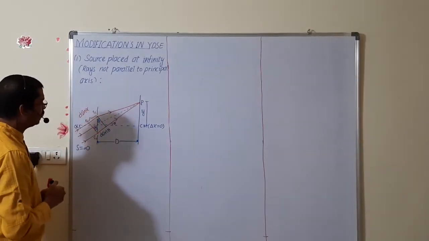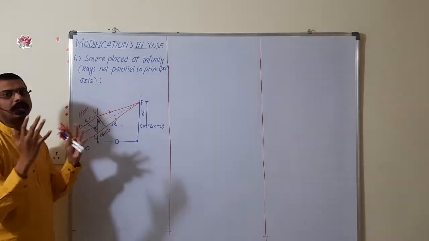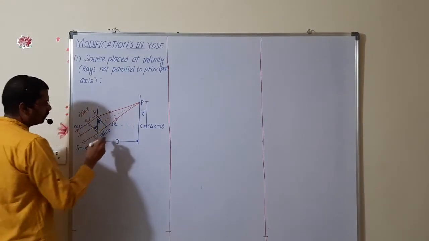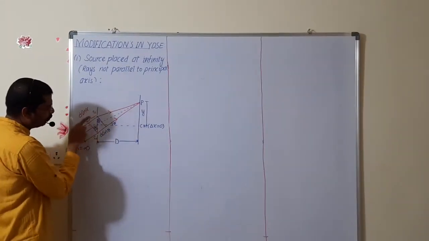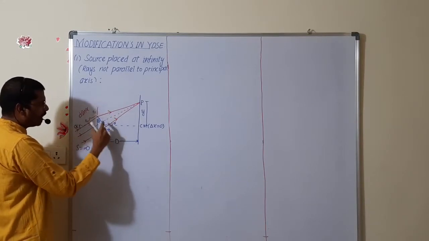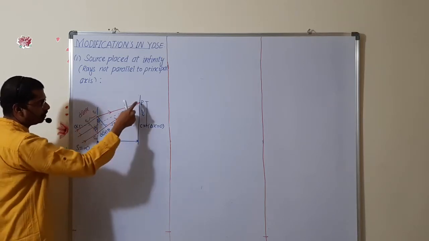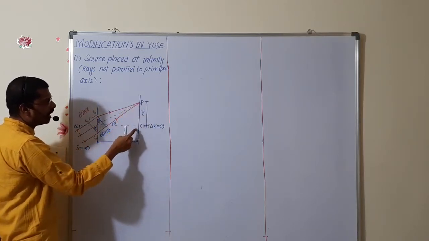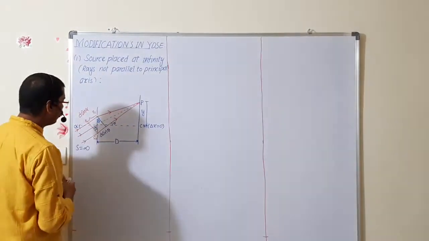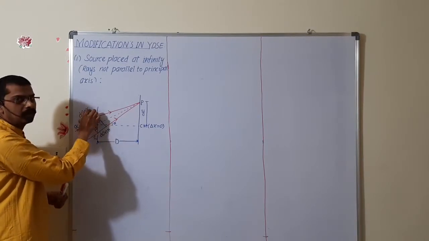Now I want to calculate the path difference when the source is at infinite distance. In this diagram, S1 and S2 are separated by distance d. For the condition at point P, d sin theta equals d sin alpha.